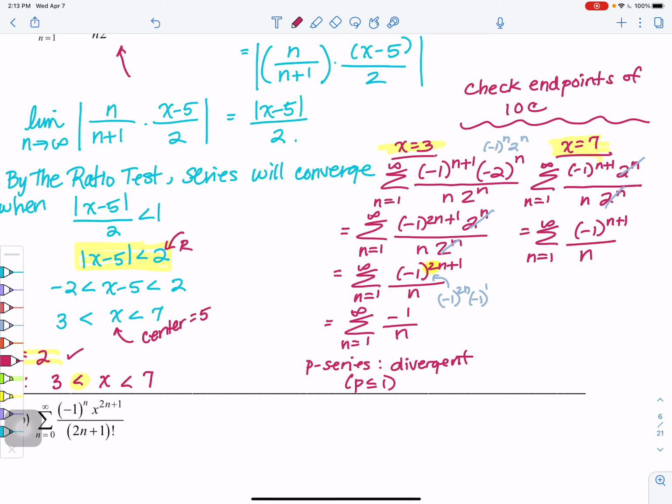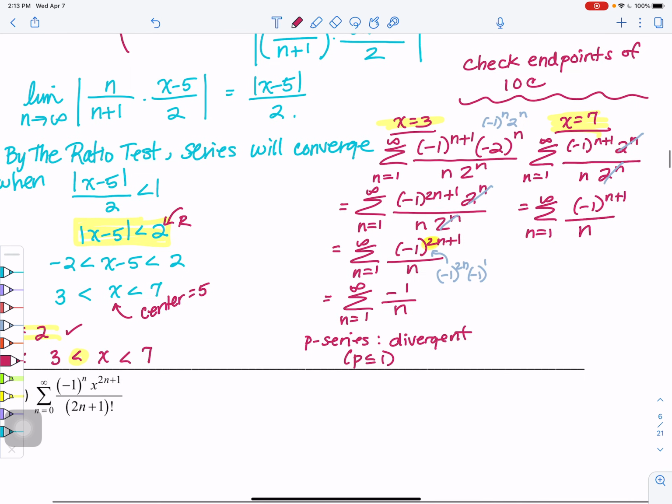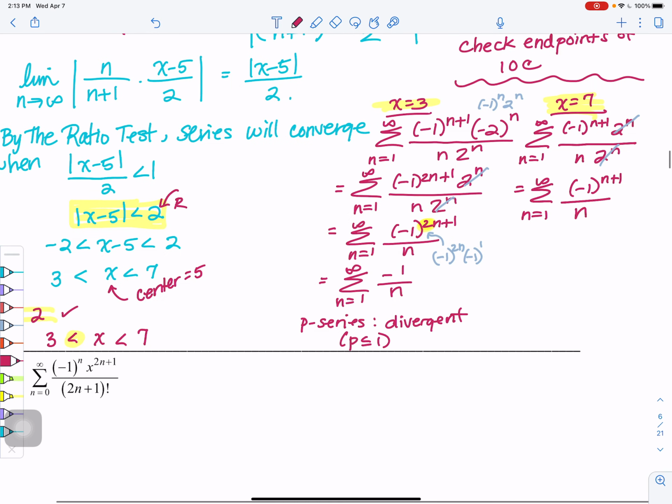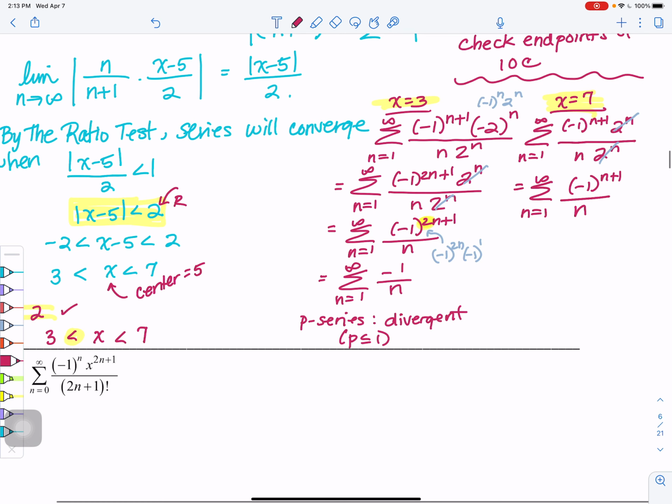And this is an alternating series. This is also the alternating harmonic series, and this is convergent.